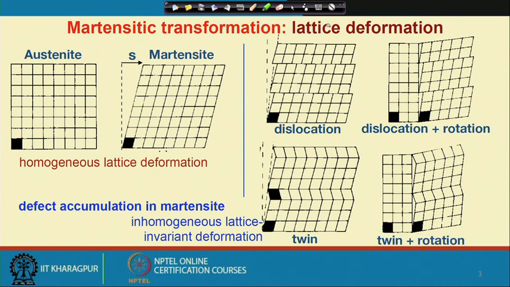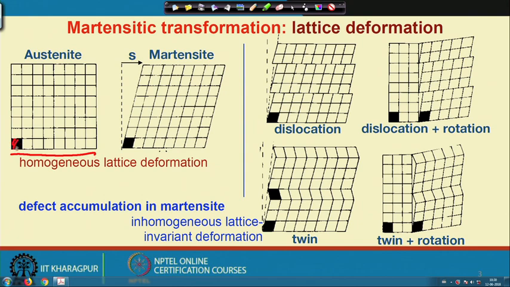During the vector analysis, I have told you that many different invariant shears are involved in the process, and twinning necessarily has to be formed during martensitic transformation. So, here I first show you a schematic of an austenite lattice.